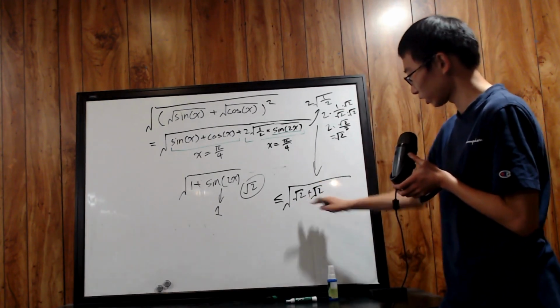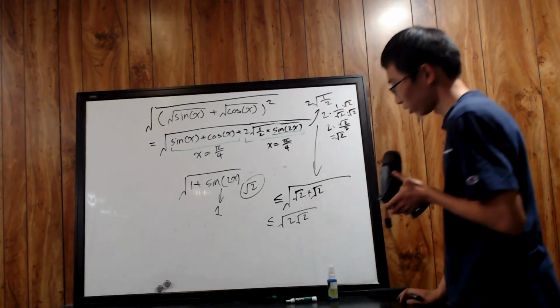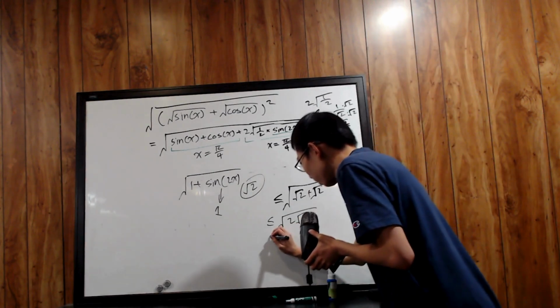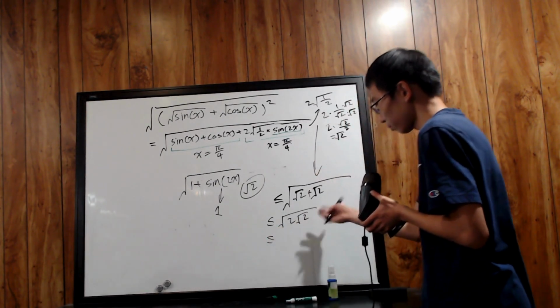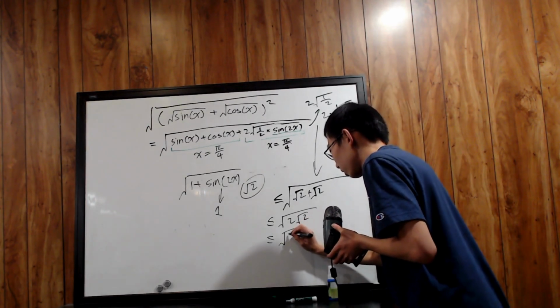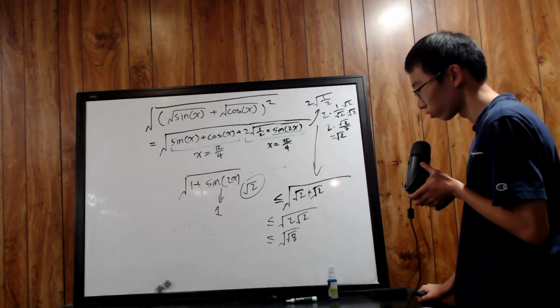Now we can add these up together. So that's 2 root 2. And we can simplify a bit if you wish. It depends how you want to write this. We know that 2 root 2 is the same as the square root of 8.